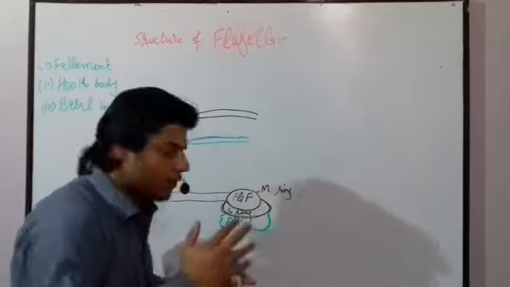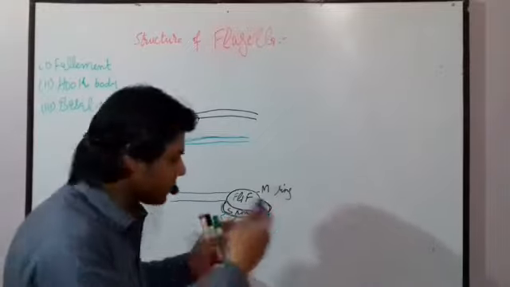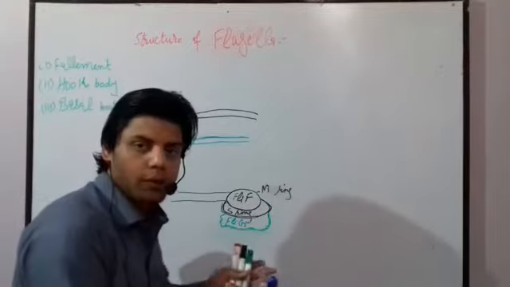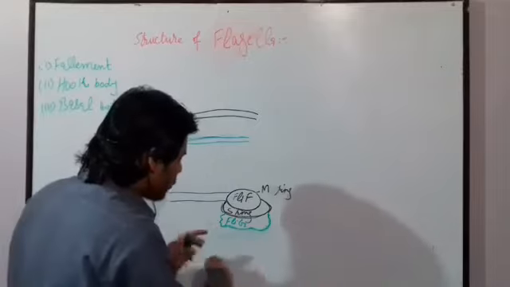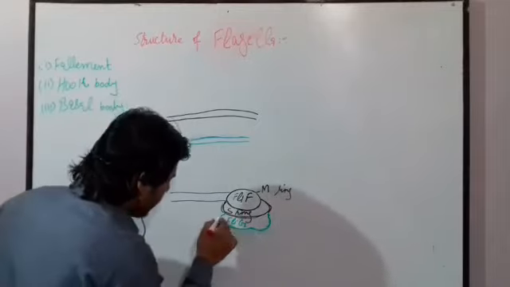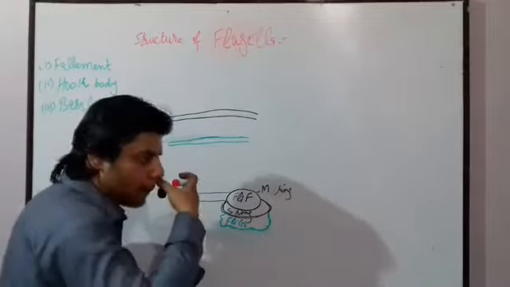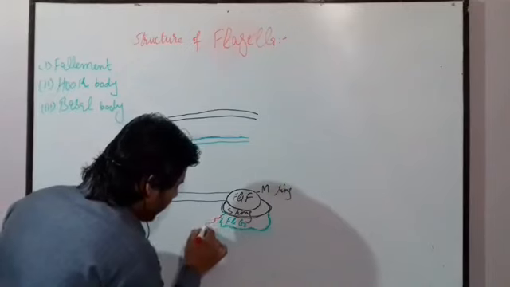Once the FliG proteins are formed, we have another portion of the rotor, which is made up of FliM and FliN proteins.